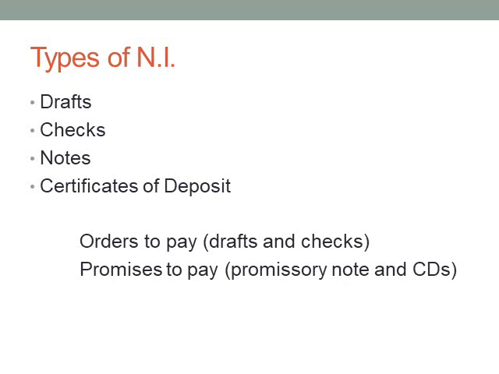There are 4 types. The UCC specifies 4 types of negotiable instruments: drafts, checks, notes, also called promissory notes, and certificates of deposit, or CDs. I don't know if the book lumps them this way, but I like to lump them this way. I think it makes more sense.